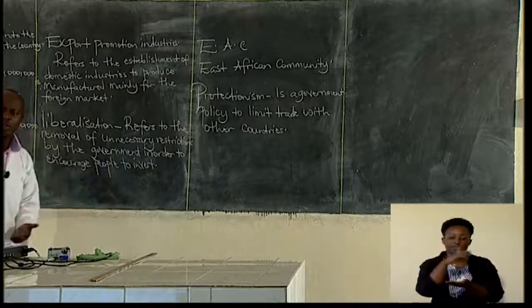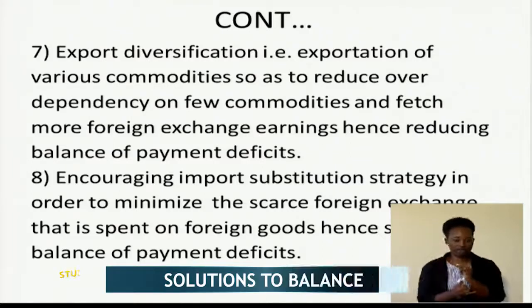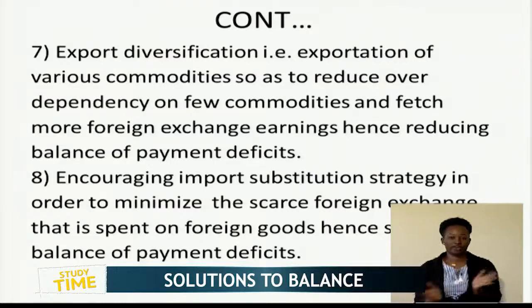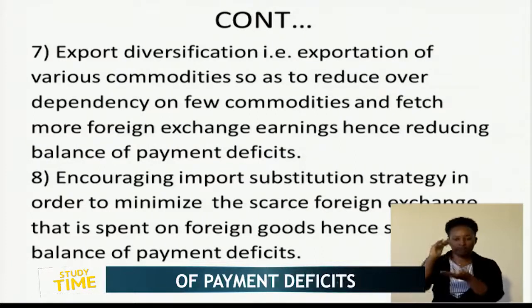Now, the last solution on how to solve balance of payment deficit is encouraging an import substitution strategy in order to minimize the scarce foreign exchange that is spent on foreign goods, hence solving balance of payment deficit.